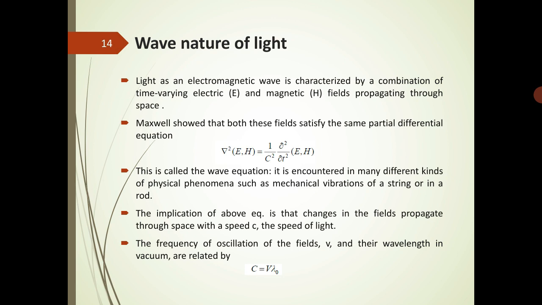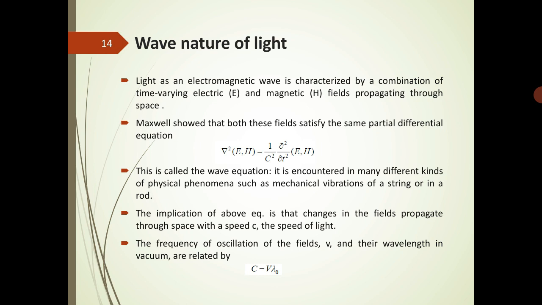While considering the two fields, we have to go for a partial differential equation. So del square of E comma H is equal to 1 divided by c square, dou square divided by dou t square of the electric and magnetic fields. This equation is called the wave equation. So we know the relationship between wavelength and frequency.